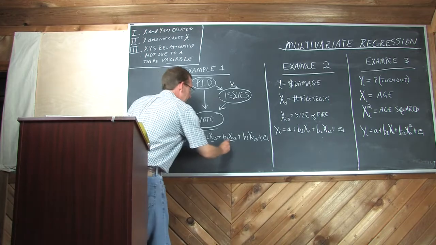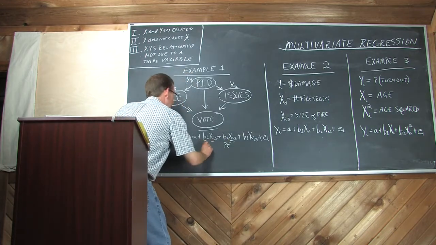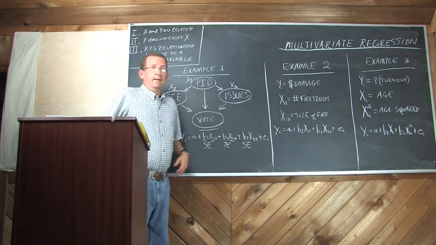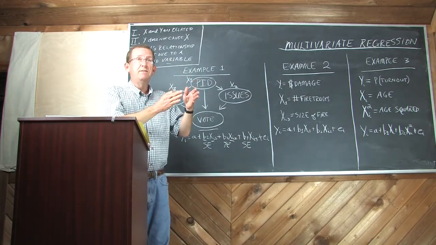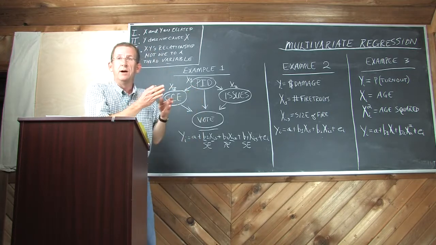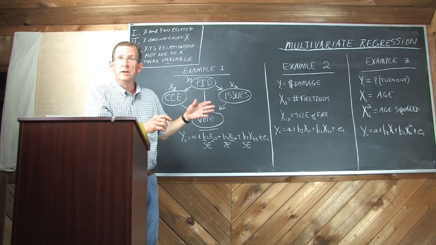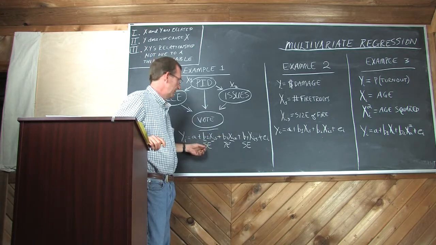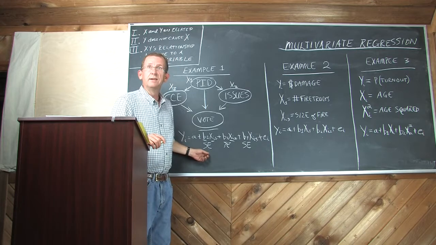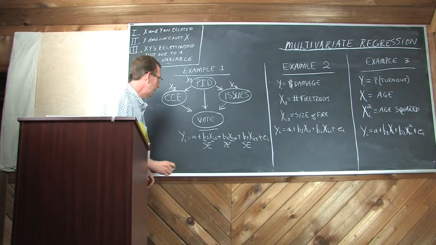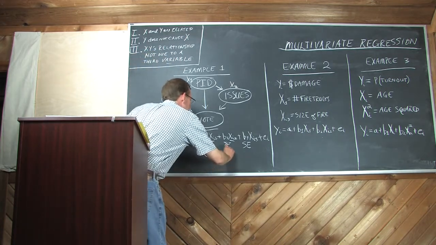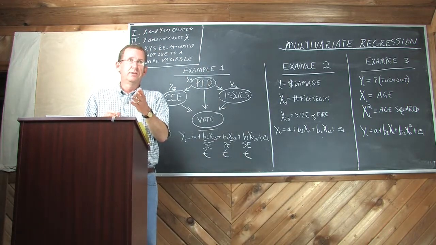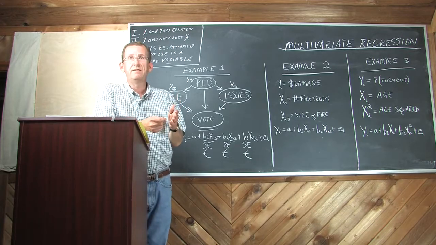Now every one of these things is going to have a standard error, just as it was the case in the bivariate model. I'm not going to burden you with the formula that produces the standard error of the regression coefficients in the multivariate model, but alert you that each one of them does have an estimated standard error, and each one will have an associated t-statistic, and it's exactly the same inferential game as it was in the bivariate model.